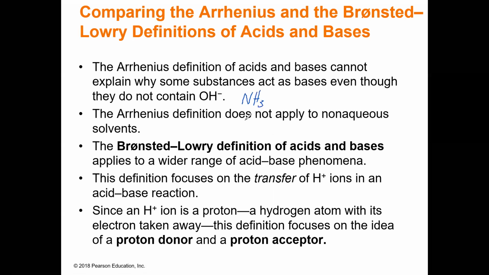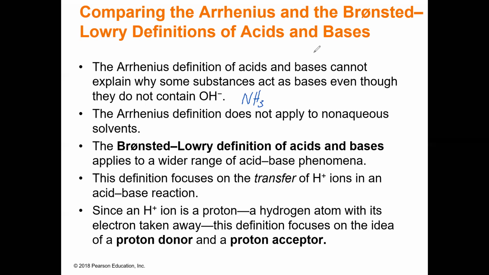NH3, or ammonia. This is a base, but looking at it, you can't tell that it's a base off of the Arrhenius definition because there's no OH in place. So the Arrhenius definition just doesn't do a really good job of explaining these bases. So we have to expand our understanding into what's known as the Bronsted-Lowry definition of acids and bases.